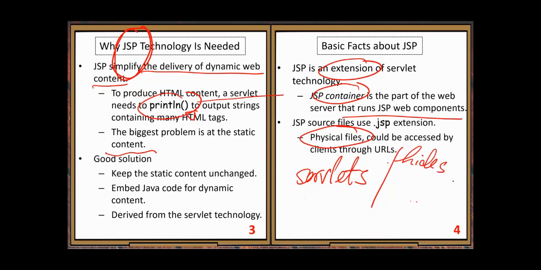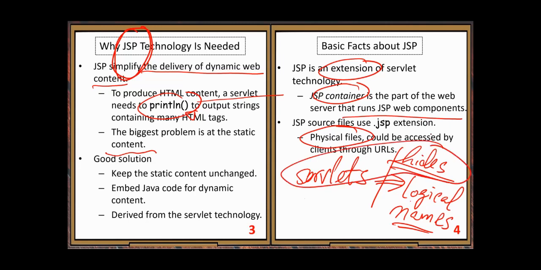The servlet physical file should be protected from the user. The user cannot touch the servlet physical files. The servlets are exposed using their logical names, and the physical files are hidden for the servlets.